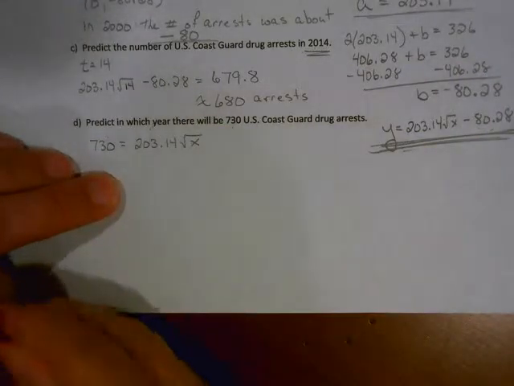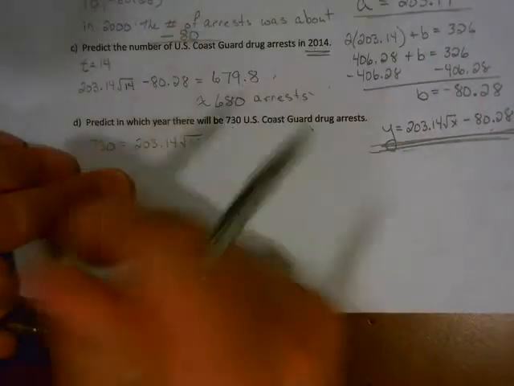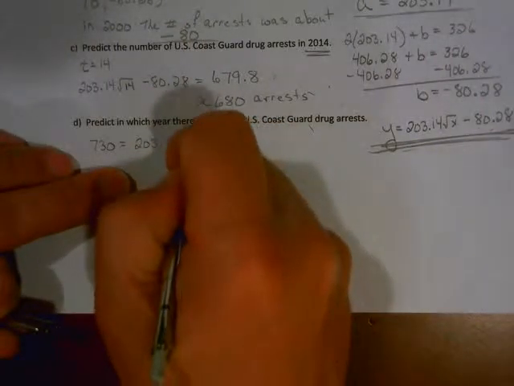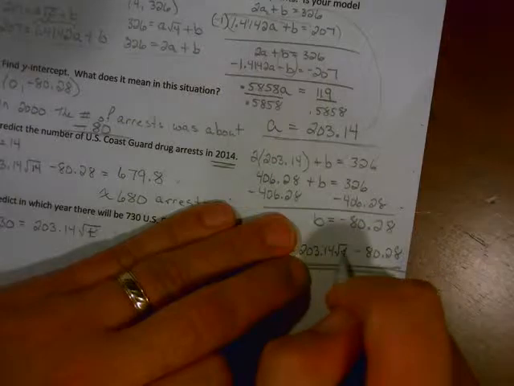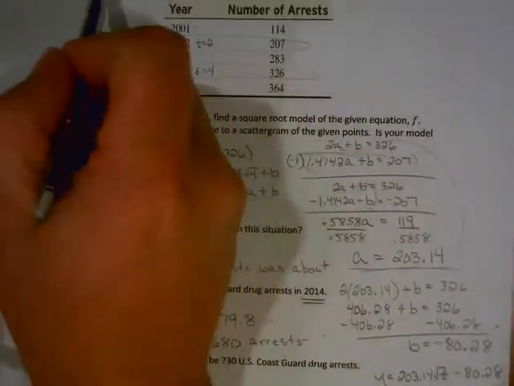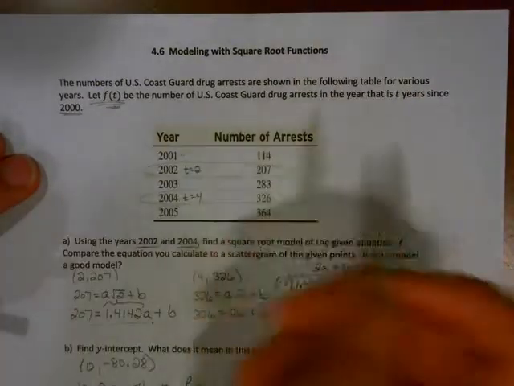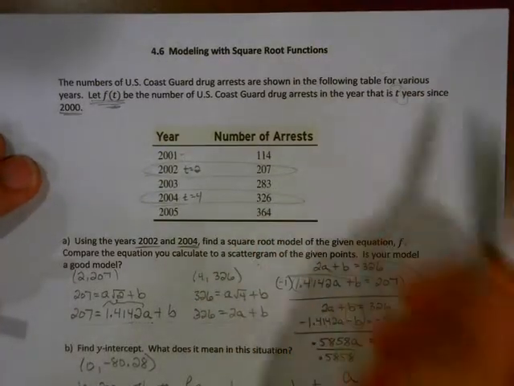Probably should have used t, since that's what was given. So I'm just going to change these to t. And again, why should I use t? Because up here it was looking for our function f of t. So it's saying t years. So our variable there should have been t.